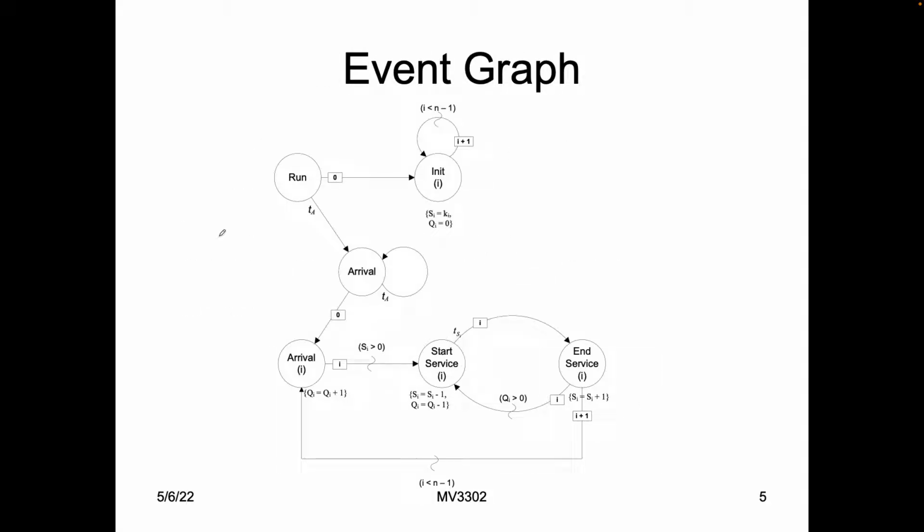Now, even this is still a fairly simple event graph, but as you start to model more and more complicated scenarios, you find that you need more and more state variables, more and more events, and eventually you get a plate of spaghetti that is less than useful.